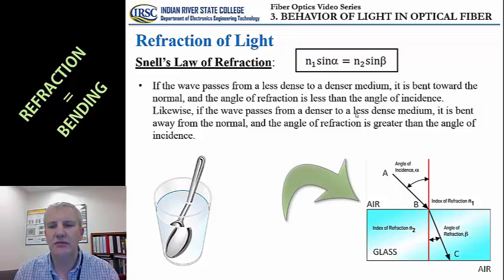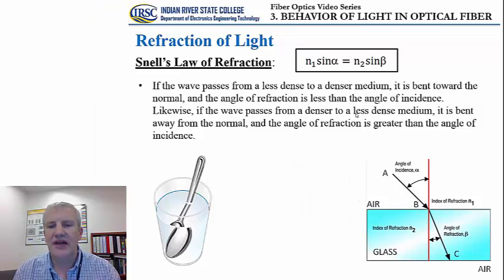If you look at the bottom right corner, the light is passing from air into glass, from point A in the direction of point B. At point B it hits the boundary between the air and glass, changes direction, and propagates in the direction of point C.